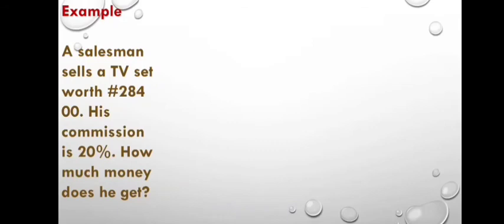His commission is 20%. How much money does he get? Now we're going to convert the commission, which is 20%, into real value money. So how do you go about it? Simple.